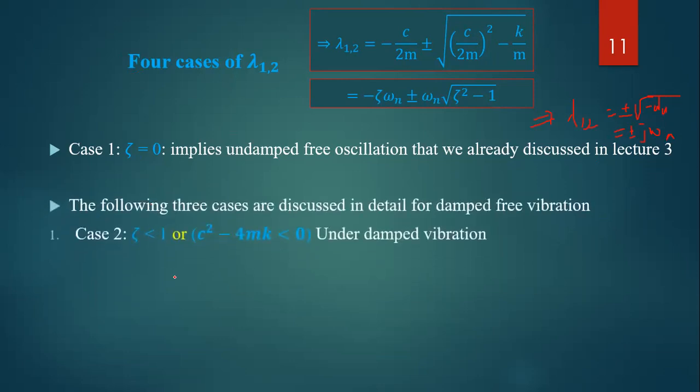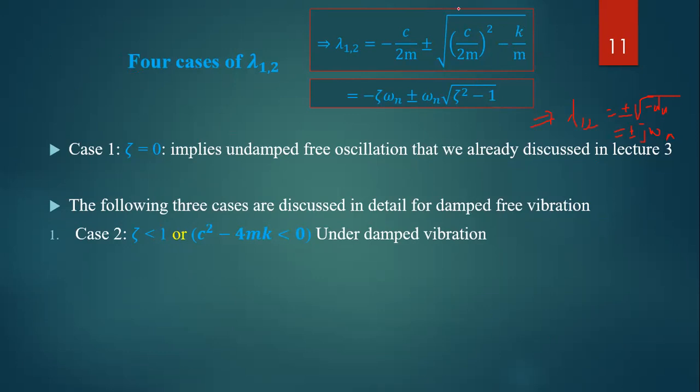Another case, when zeta is less than 1, where zeta is the damping coefficient over the critical damping coefficient. Actually, what do we mean by critical damping coefficient? Critical damping coefficient, Cc, implies that c over 2m squared minus k over m is equal to 0.